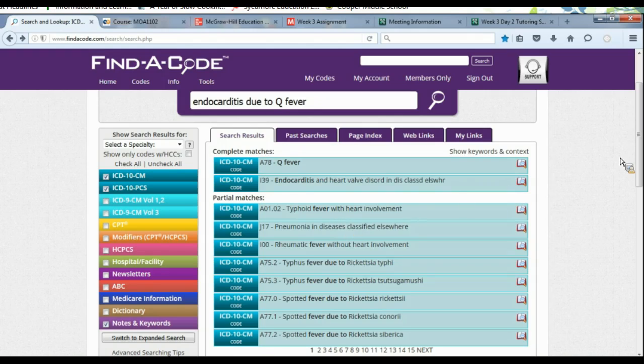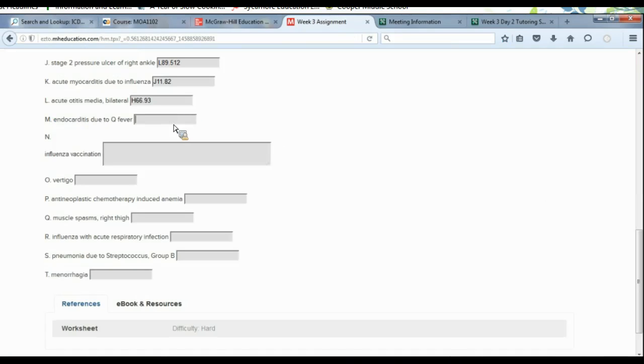Again, it's two codes. They gave us 2 complete matches, and they're like, okay, let's give them partial matches too. But it's 2 separate codes, and 2 separate diagnoses, so it's 2 complete matches. So which 2 codes would you choose for this one, for letter M? Yep, A78 and I39, that's correct. And again, make sure it's an I instead of a 1. So it's A78, comma, I39.